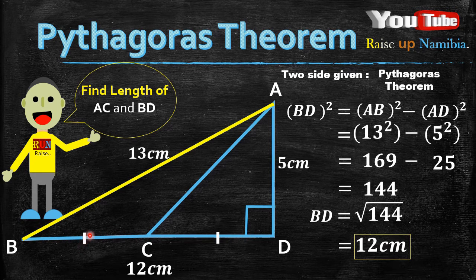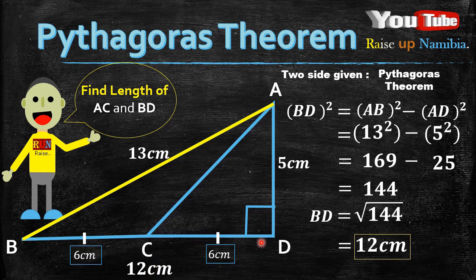Okay? Now if it's equal, what are these small short lines equal to? You simply look at the longer line, which is 12 centimeters, and you divide it by 2. So if you divide it by 2, it will give you 6, which means the line BC is 6 centimeters and the line CD is also 6 centimeters, which makes sense because if you add 6 plus 6, it will give you 12, which is the whole line.